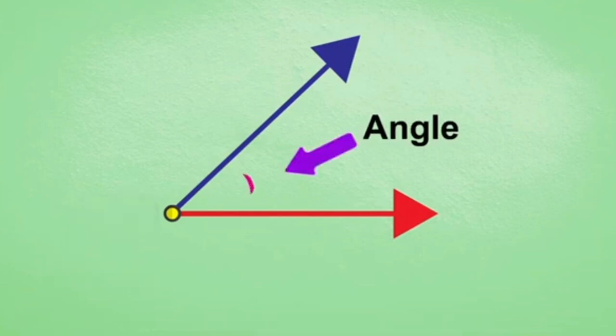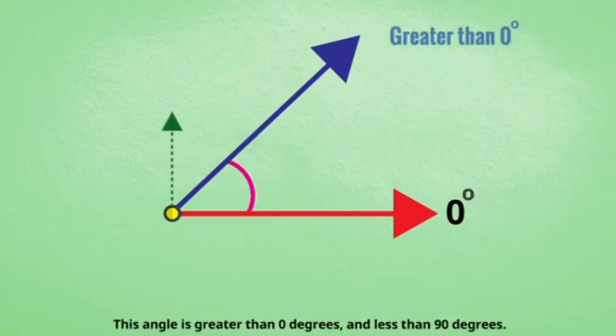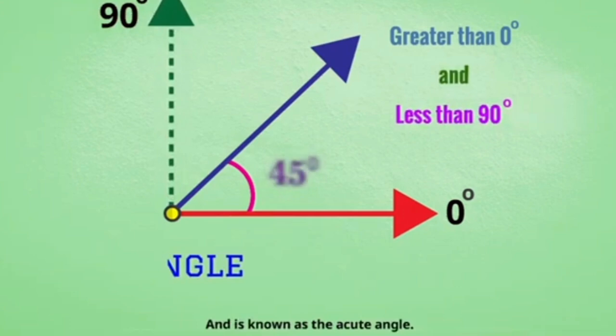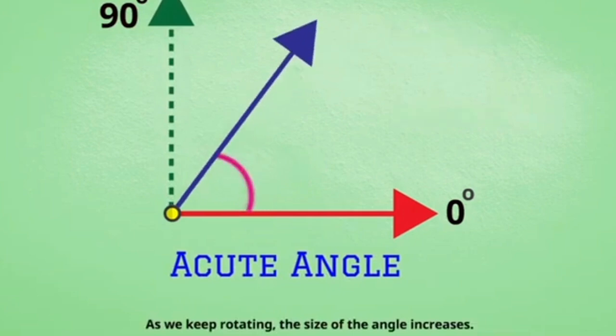We will draw an arc to represent it like this. This angle is greater than 0 degrees and less than 90 degrees. It is called an acute angle.